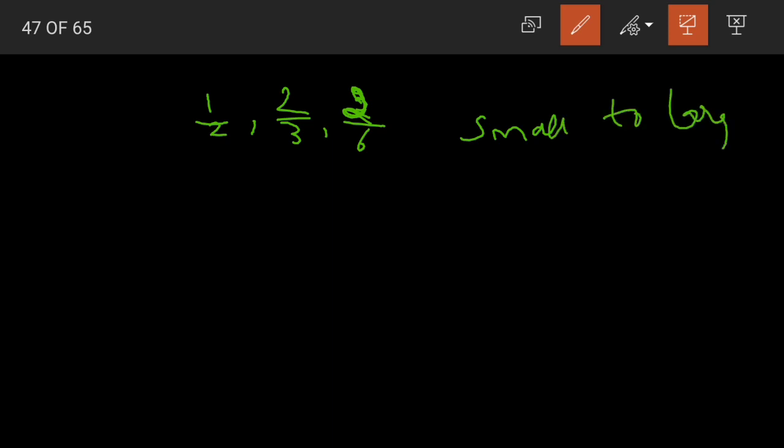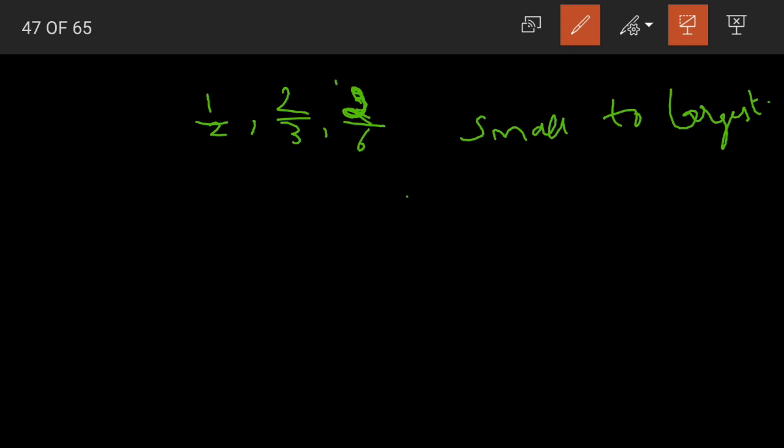What are the given fractions? 1 by 2, 2 by 3 and 2 by 6. 1 by 2, 2 by 3 and 2 by 6, children. Now from these we have to find out the correct order, that is from the smallest to the largest.